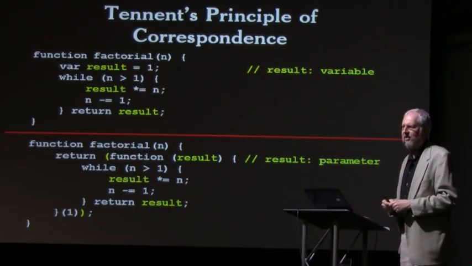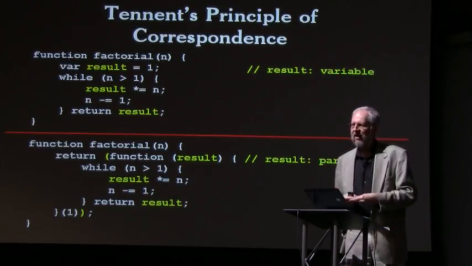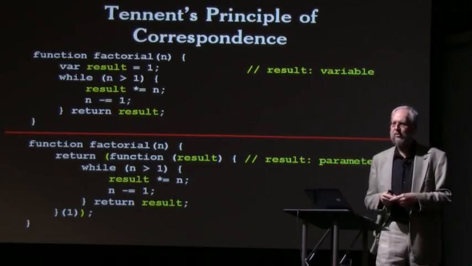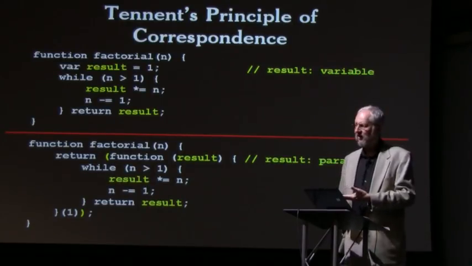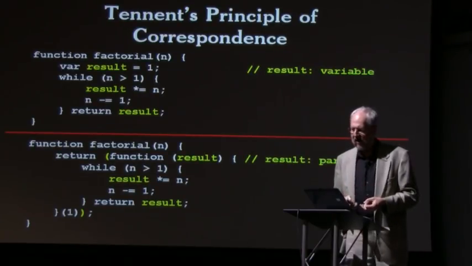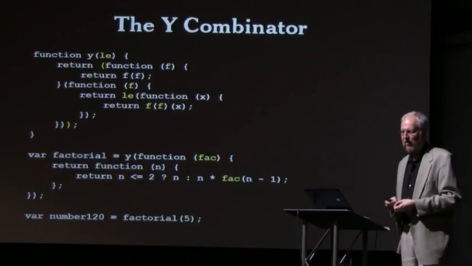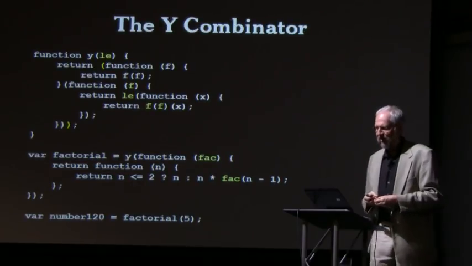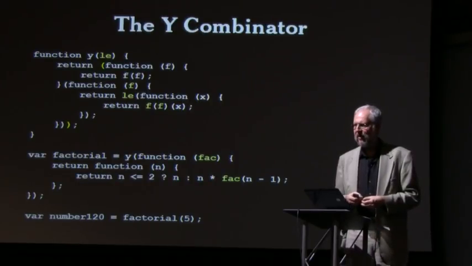We can take that thought experiment one crazy step farther off the edge. Suppose we had a language in which we didn't have variables, and we didn't have assignment, and we didn't have named functions, could we still do recursion? And it turns out you can. I'm not sure you'd want to, but you can. So here is the strangest artifact in computer science. It's called the Y Combinator.